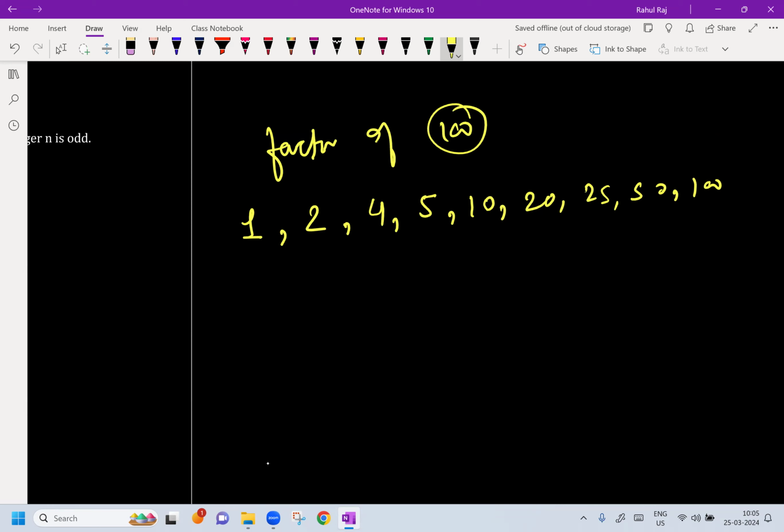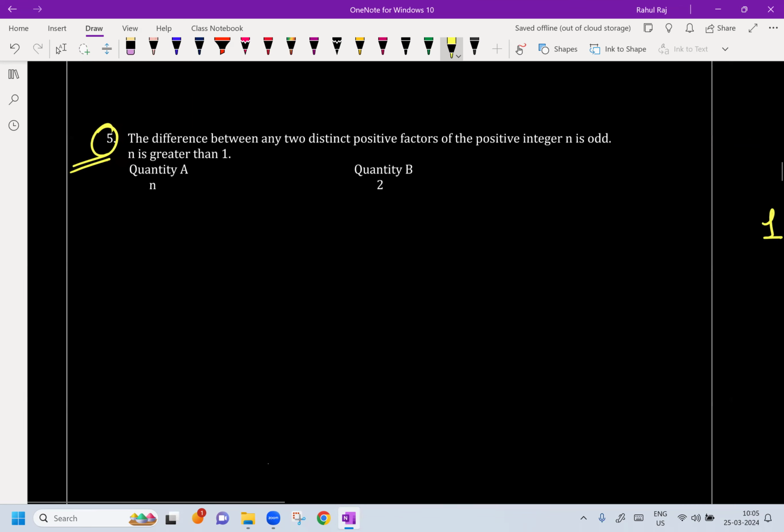What you have read is a very important clue. Two distinct factors of the positive integer: the difference is odd.